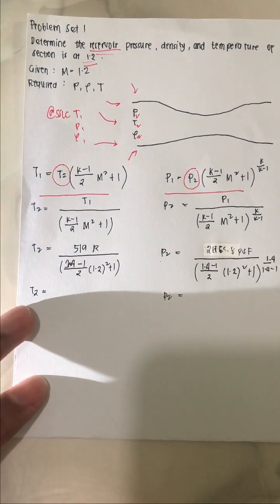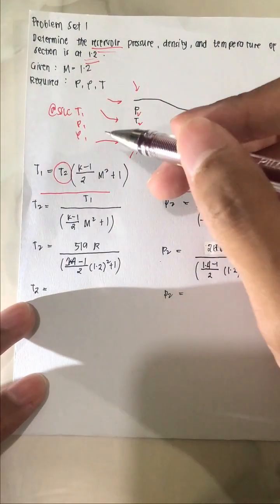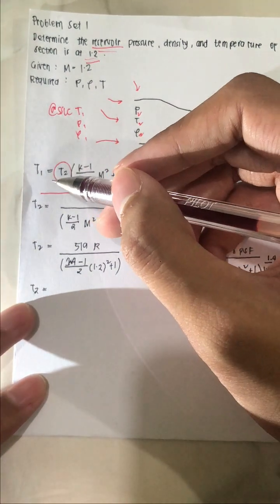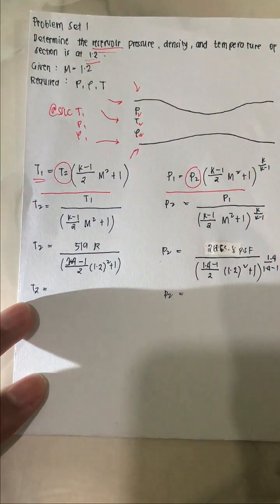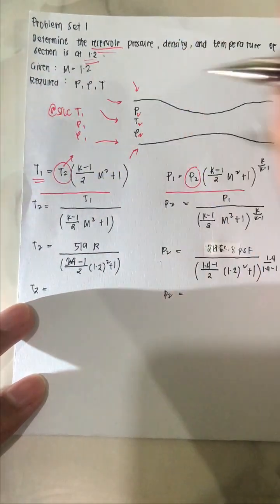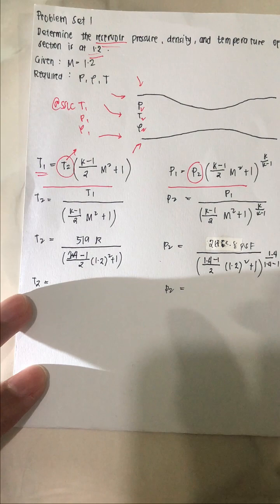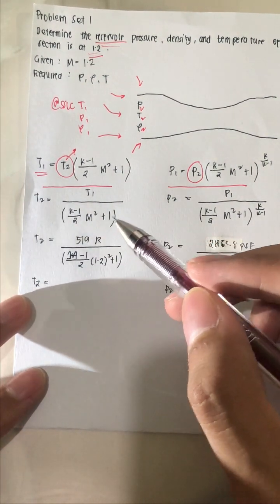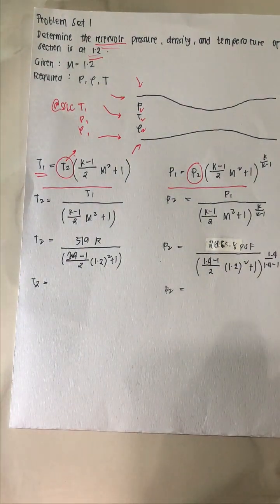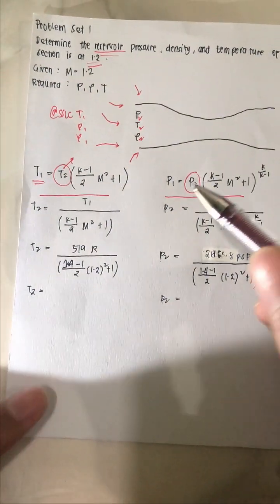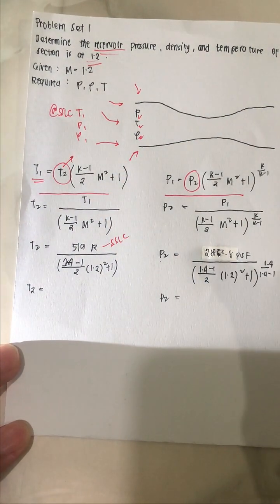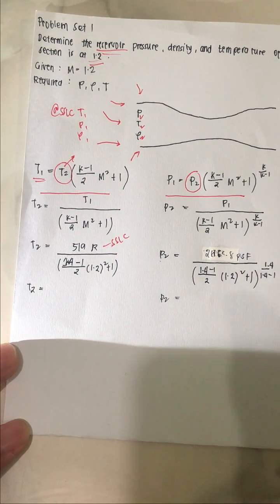So, basic algebra, we need to divide the entire equation by the SSLC values to get what we are looking for in the reservoir. So, temperature 1 divided by (k minus 1 over 2, Mach number squared plus 1). Our temperature will be 519, which is SSLC, over 1.4 minus 1 over 2 times 1.2 squared plus 1.